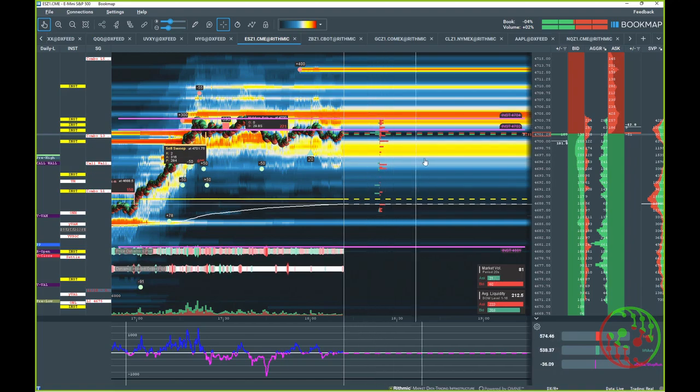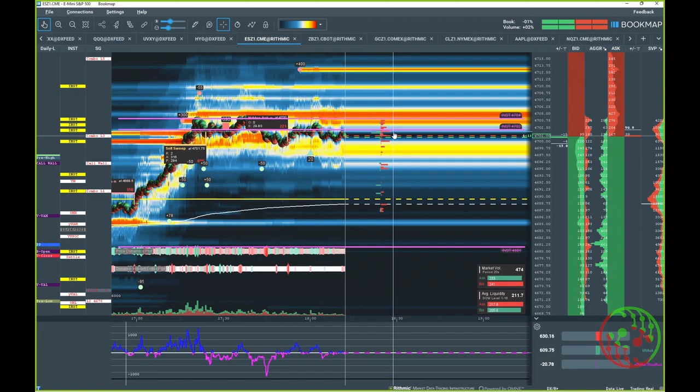You can use this iceberg profile here not as a profile really, in the real meaning of profile. It is simply a kind of resistance here at this area at 4702. These red bars are accumulated icebergs, and the longer the bar, the more has been traded at these levels. And the longer the bar on the green side, that means that's more of a support.